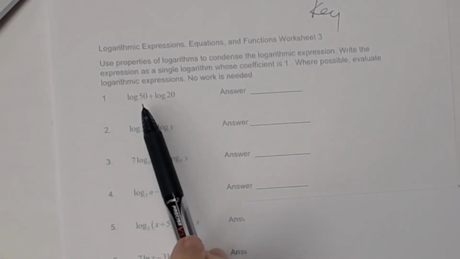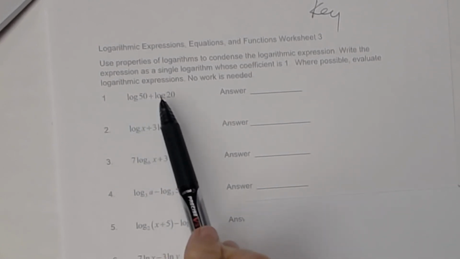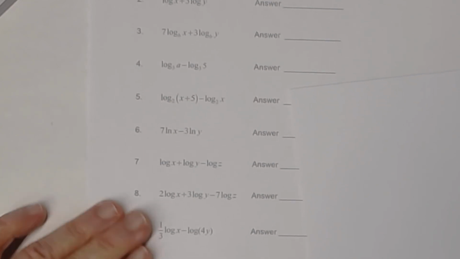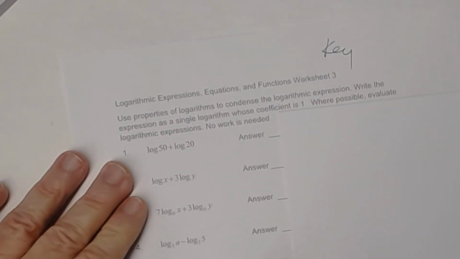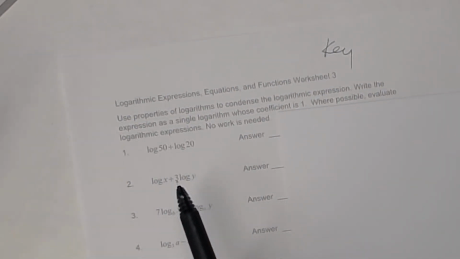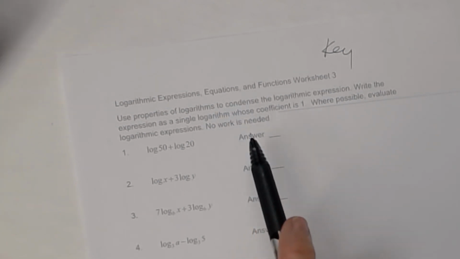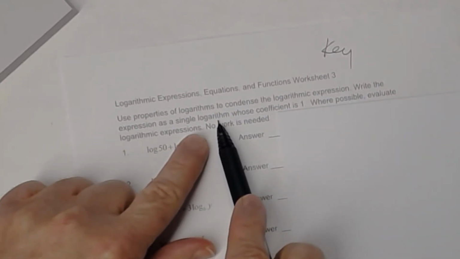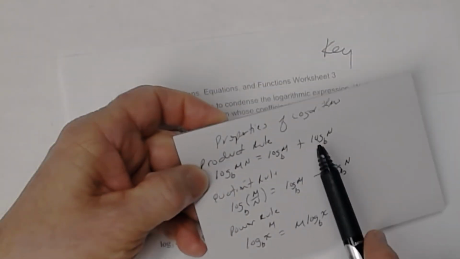Now, these problems here, notice you have two logarithms, and in some cases you have three. So whenever you have two or more logarithms, what you want to do to condense it is to write it as a single logarithm. So basically, you're going backwards here.